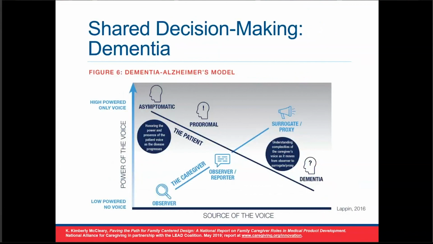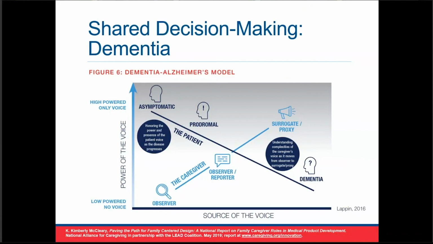So as we talked about it and we thought about all the feedback we'd gotten both in external meetings with stakeholders and in our summit that we did that November, was really mapping out the balance of patient voice and caregiver voice. And I have to give credit to Deborah Lappin at Faegre Baker Daniels, who came up with these original conceptual models in some work she was doing on a program called AD PACE.